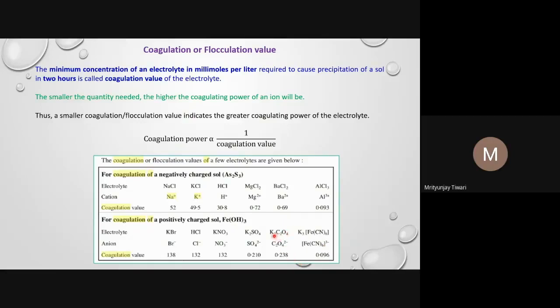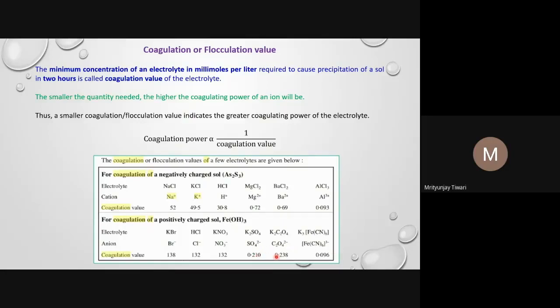And if you look at the potassium, this is potassium oxalate and potassium sulfate. This is K2C2O4, this is oxalate ion, and this K2SO4, this sulfate ion. Both carry two negative charge, and so a larger amount of these two electrolytes is required than the amount which is required for the [Fe(CN)6]3- ion.